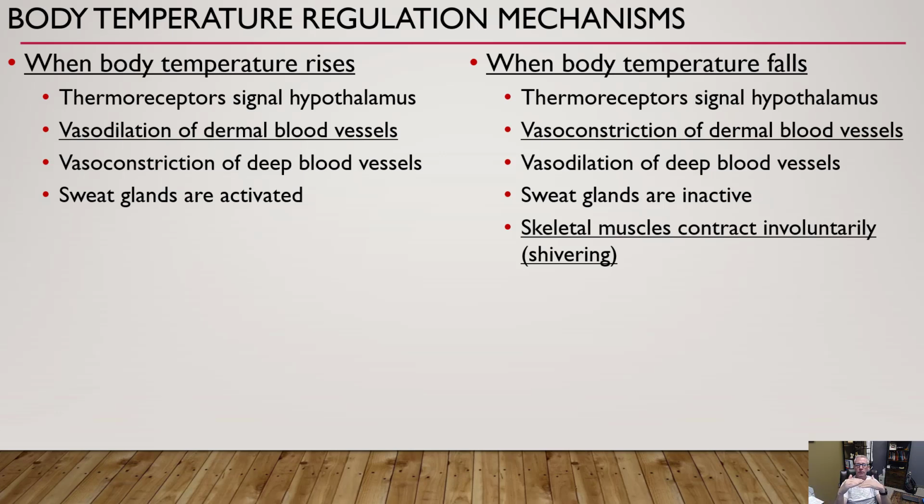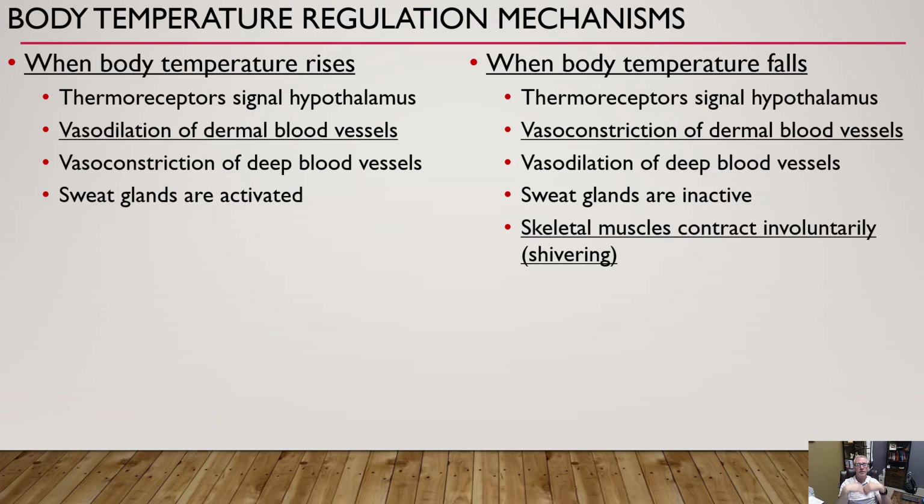And we're not going to go into the difference between, it also says vasoconstriction of your deep blood vessels. We're not going to go into the difference between your dermal blood vessels and your deep blood vessels, and why one vasodilates and one vasoconstricts. We'll talk about that in pathophysiology if you take that course.